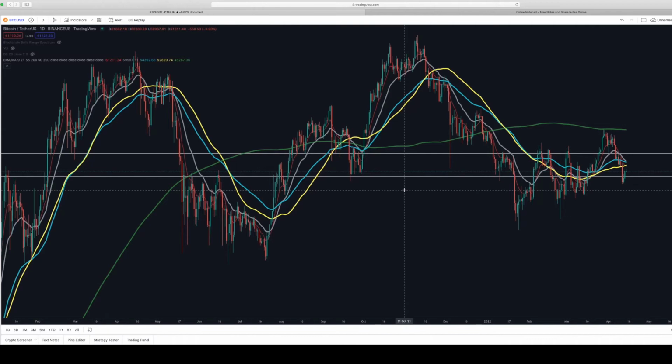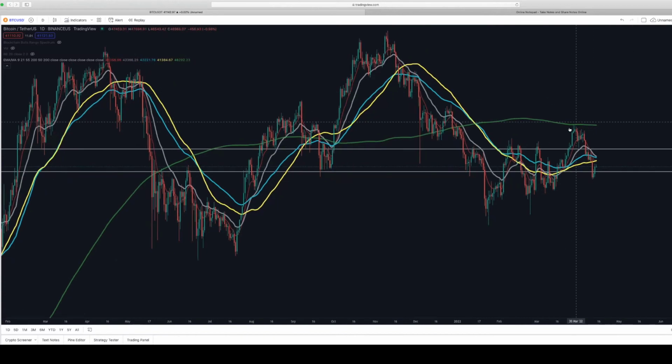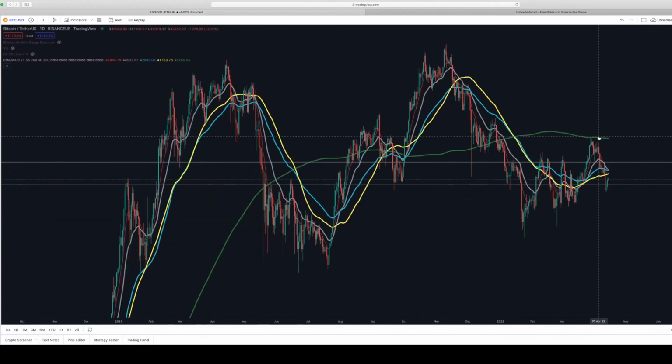Is this a bull market, bear market? A lot of people from traditional finance will define a bull market or a bear market from whether or not they are above or below the 200-day simple moving average, not the EMA, just the MA.